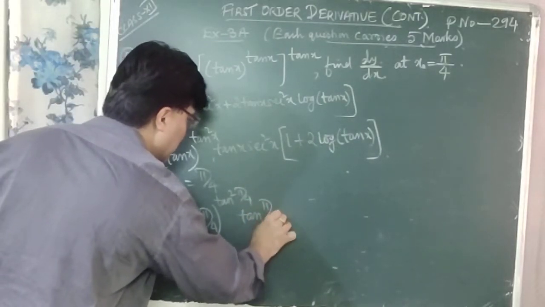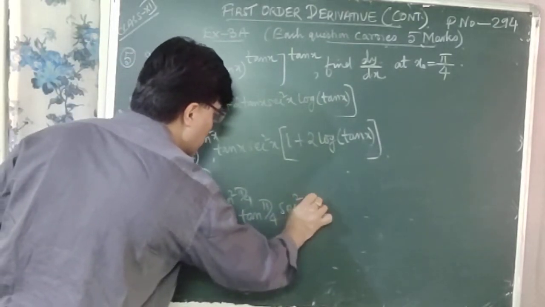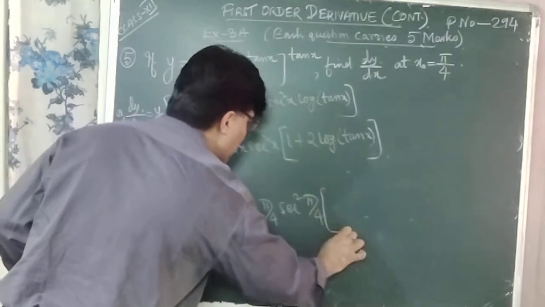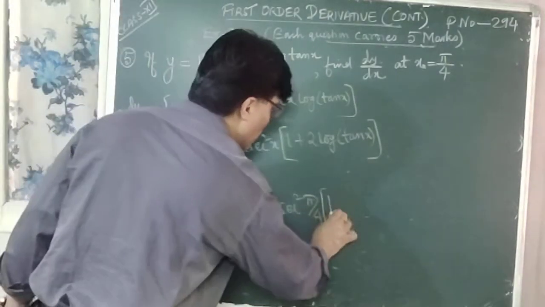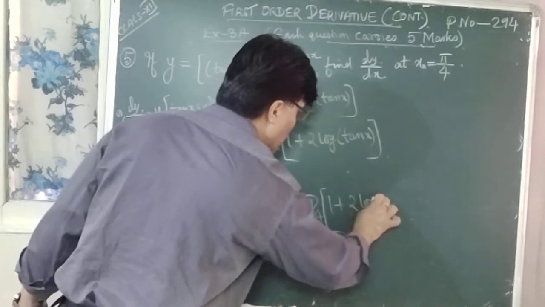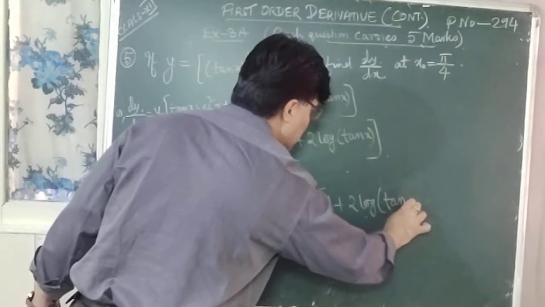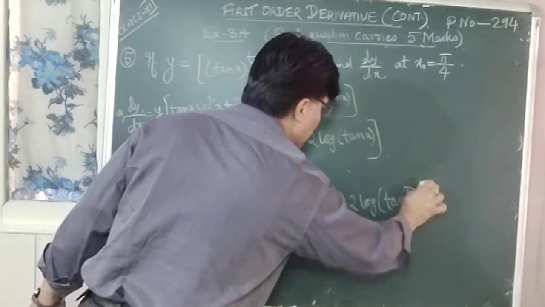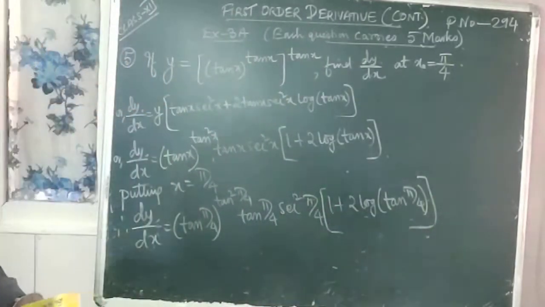This is your tan pi by 4 sec square pi by 4 within third bracket, 1 plus 2 log of within bracket, it is tan pi by 4. So third bracket is closed.